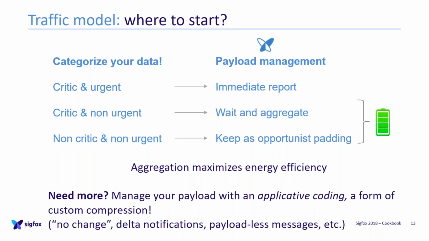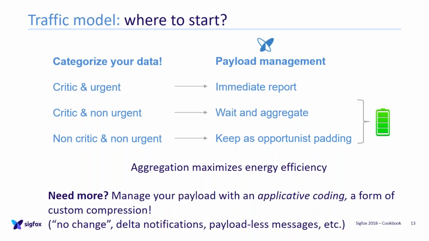To me, a lot of applications, but not all of them, are managing critical and urgent reports, such as alarms. And for critical and urgent data to transmit, the immediate reporting requirement offers very small space to optimization. So if you have that, okay, it's just life.